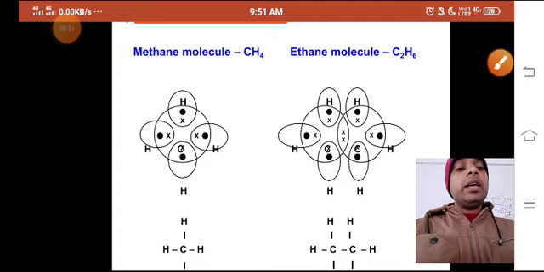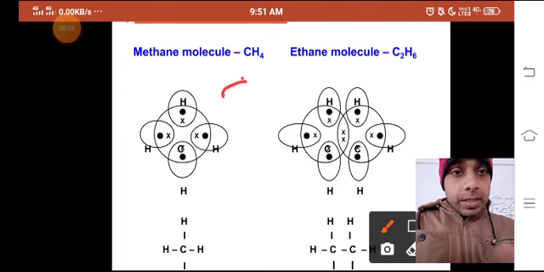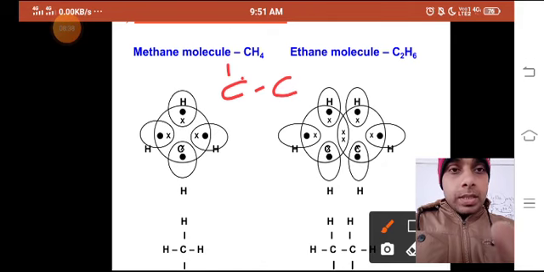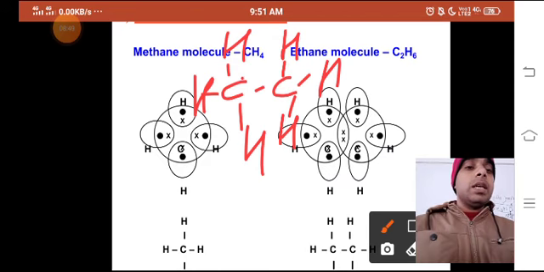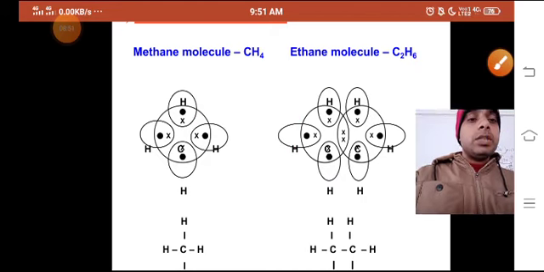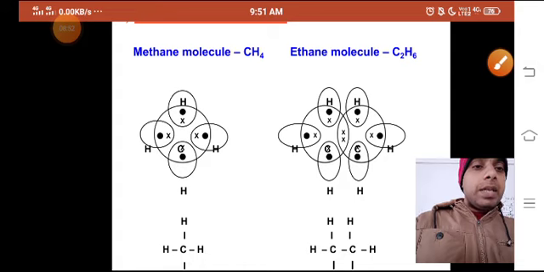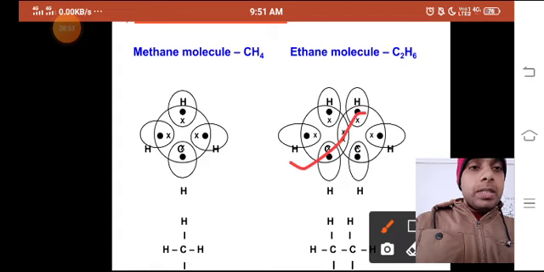Now C2H6, how can you draw it? You can take C, with 3 single bonds for this one and 3 single bonds for this one. If I explain the structure, you can see here carbon is here and carbon is here.